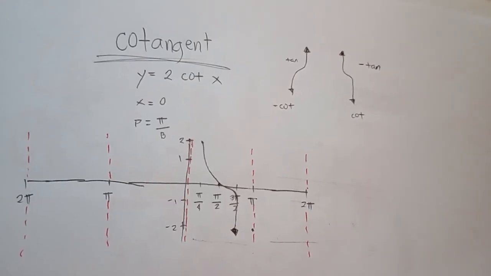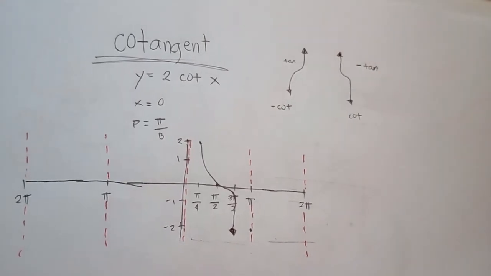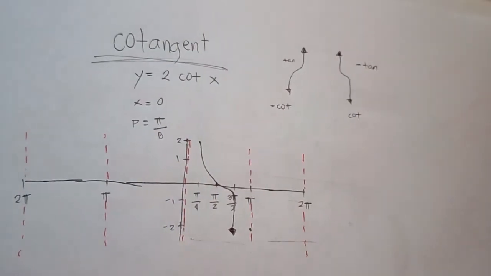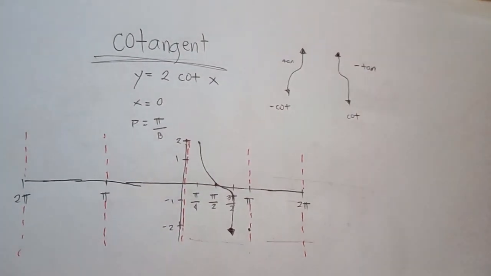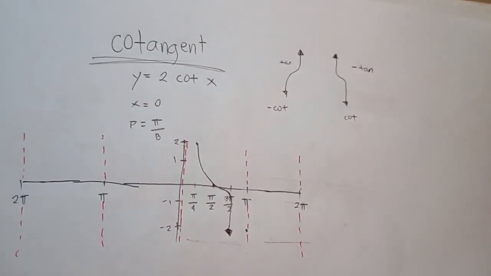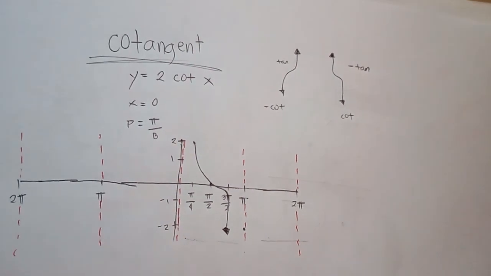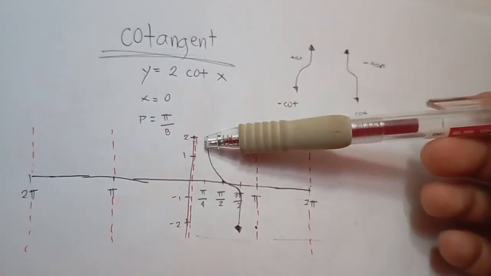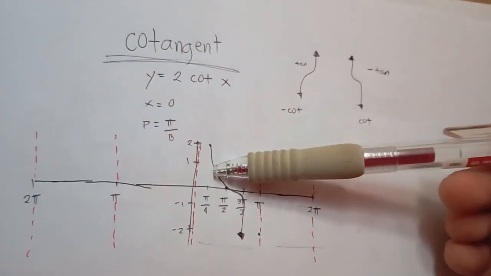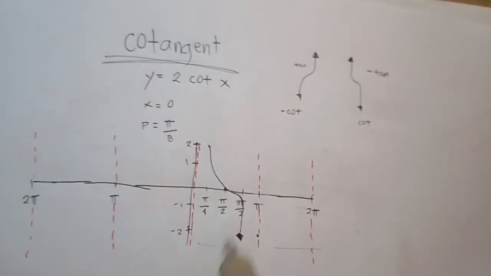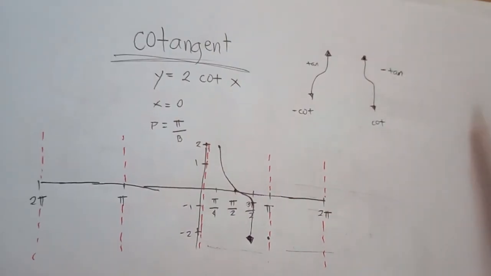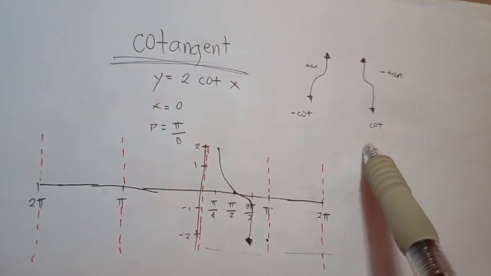So this function is going to look something like this at the x-axis. Make sure that it becomes horizontal, then it's going to be vertical again, and then everything else is going to look similar, going from positive 2 down to negative 2. This is what the cotangent looks like, the decreasing tangent.